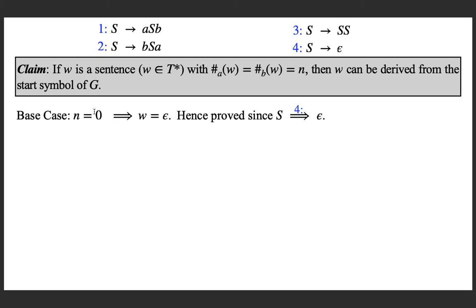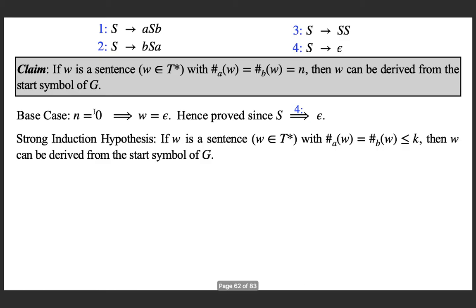And here we are using strong induction. Strong induction is different than the ordinary induction, and the difference is in the case of induction hypothesis. Here we will have a strong induction hypothesis, and here is the strong induction hypothesis.